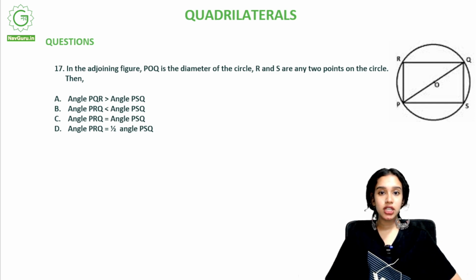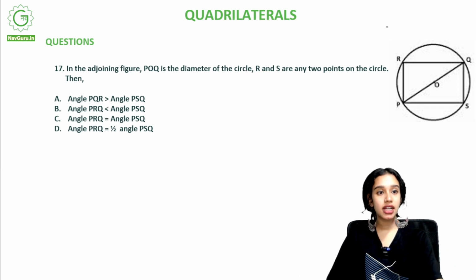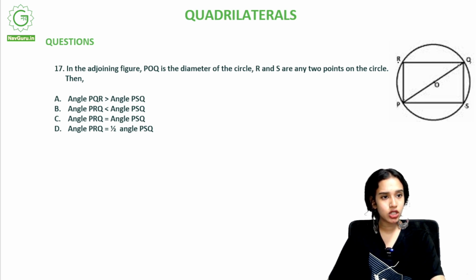Now, in the adjoining figure, POQ is the diameter of the circle. R and S are 2 points on the circle. Angle PQR is greater than angle PSQ. Let's see, PQR, this angle is greater than this angle.